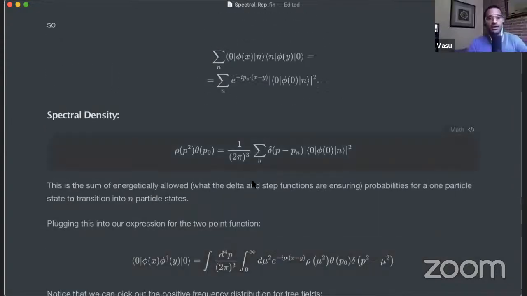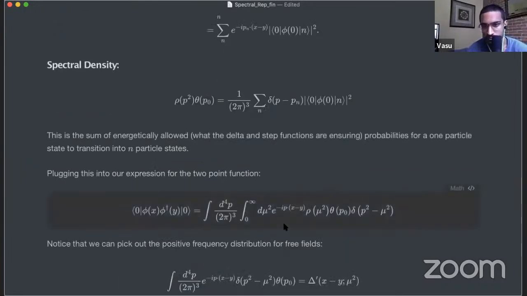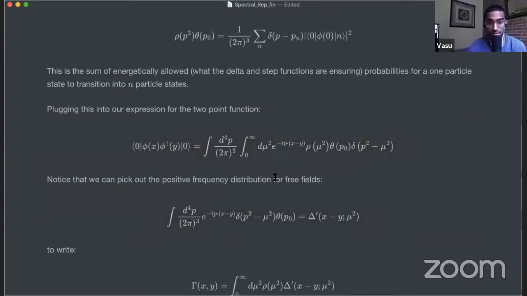So now you plug this back into your expression for the 2-point function and see that there's an integral over mu squared, which is the argument of the spectral density that's introduced here. Furthermore, this delta function times step function defines the positive frequency part of the 2-point function of a free field.